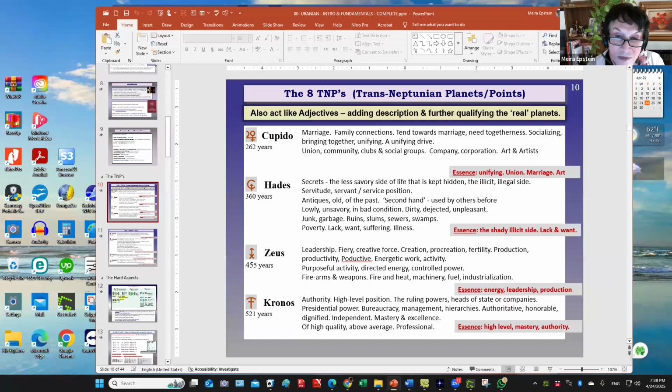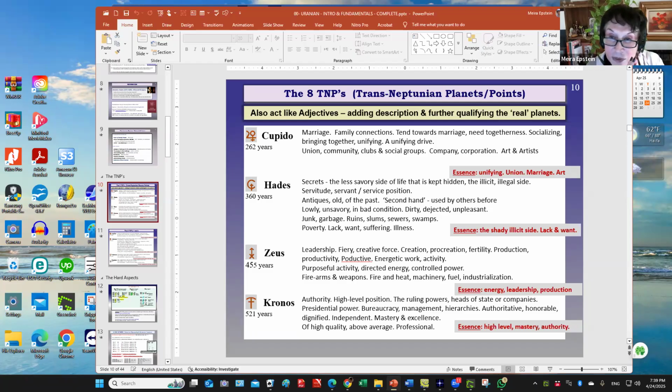Now, Hades, just think of the name also. Hades is the Greek name of Pluto. Pluto is the Roman name and Hades is the Greek name, right, everybody? Okay, good. So it's exactly that. It's another shade or shadow of Pluto in a number of ways.